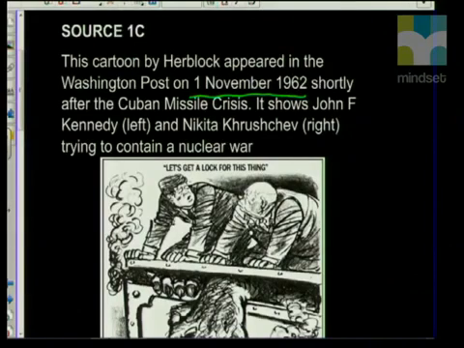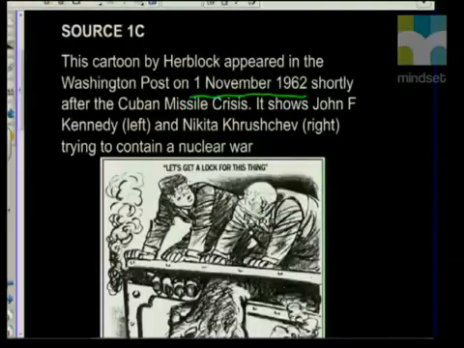And this is the information that is going to help you answer questions later on. And then it goes on to say this was shortly after the Cuban Missile Crisis. So the examiner or the historian has contextualized this cartoon for you, so that when you go to it and you look for clues, you already know what the cartoon is about.